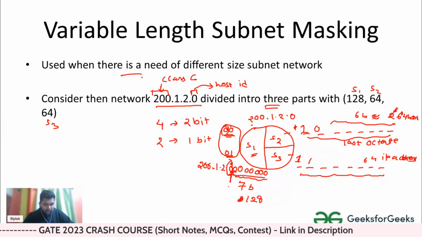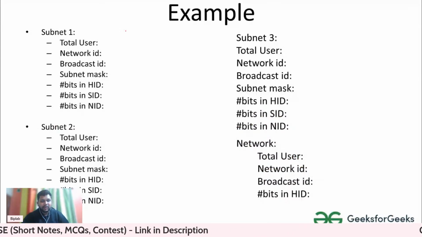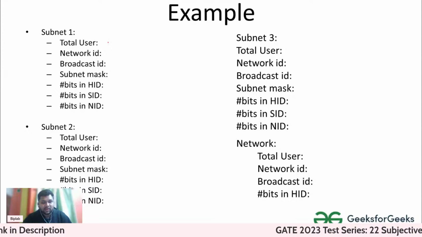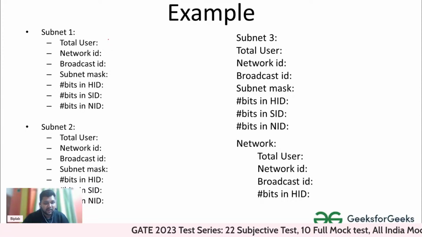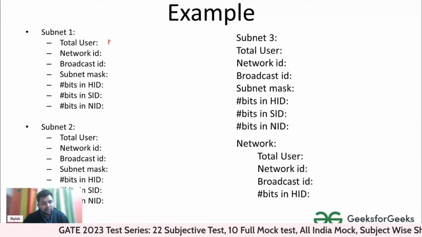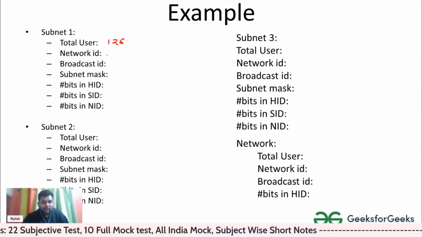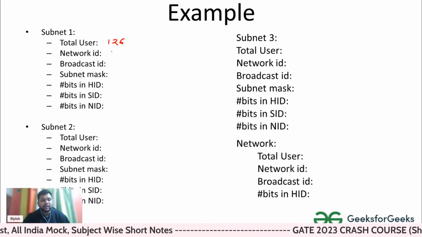So let me write it here. For subnet 1, the total of 128 available IP addresses are there, but you have to do minus 2, so 126. What is the network ID?